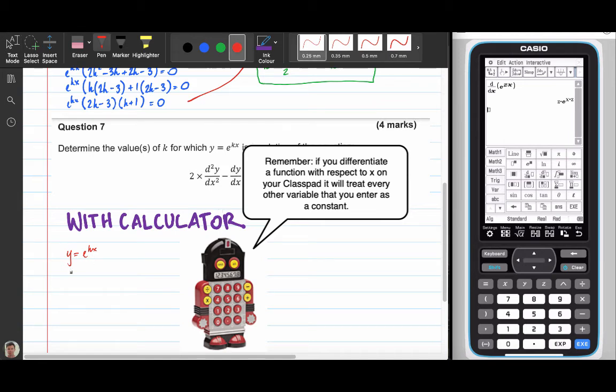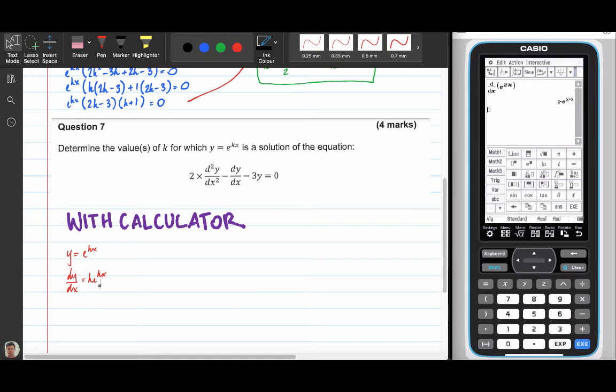So we can see here, guys, dy/dx is going to be equal to k e to the kx. Now we can either take the derivative of that, or we can take an arbitrary derivative, and this one here is going to be our second derivative with respect to x of e to the zx.